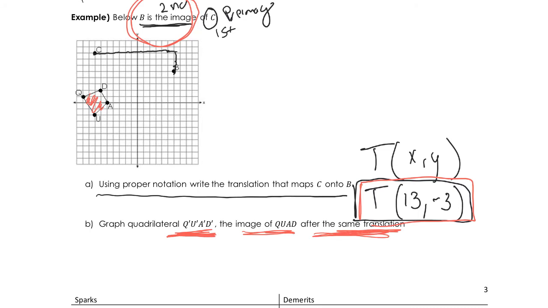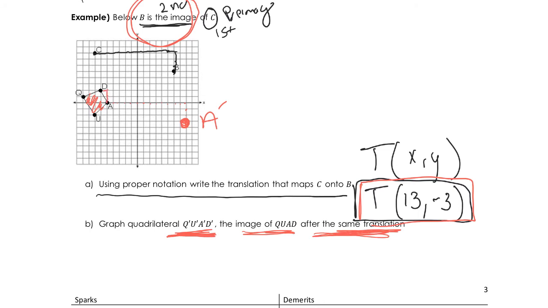So I'll start with A. Right 1, 2, 3, 4, 5, 6, 7, 13 right, down 1, 2, 3. Okay, so that's where A prime goes. D. Now I could count right 13, down 3 again, or I could look from A to D: I go up 2, left 1.